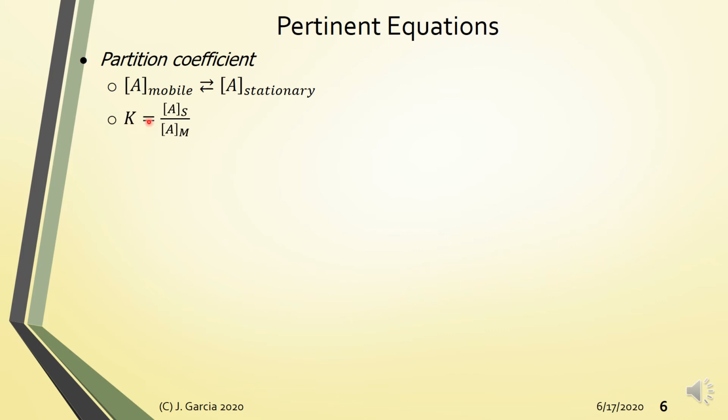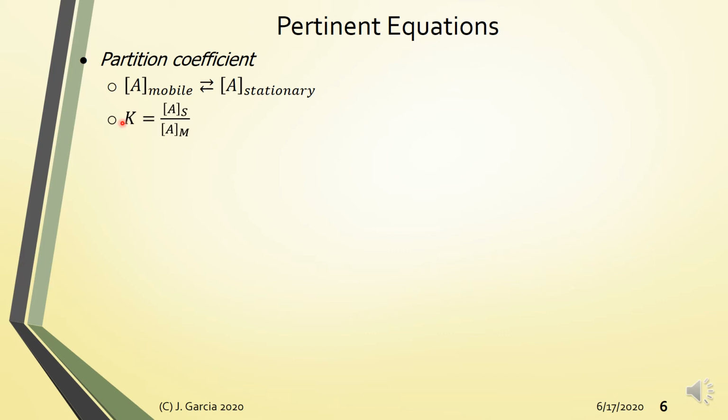Remember that your analyte partitions itself between the stationary phase and the mobile phase. The equilibrium constant for that partitioning process is referred to as your partition coefficient. So it is the concentration of the analyte solute in the stationary phase over the analyte concentration in the mobile phase.